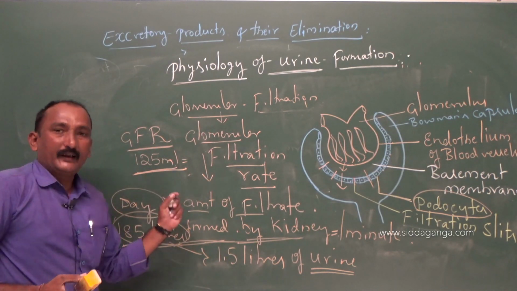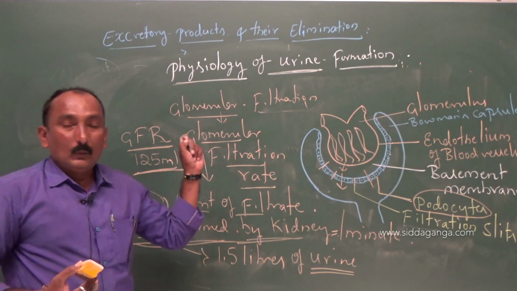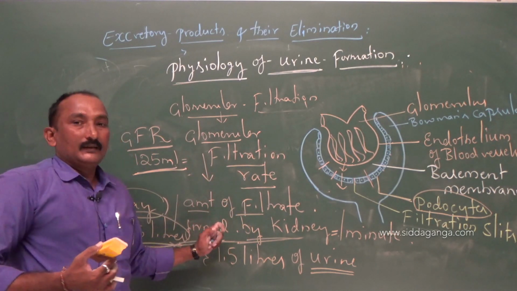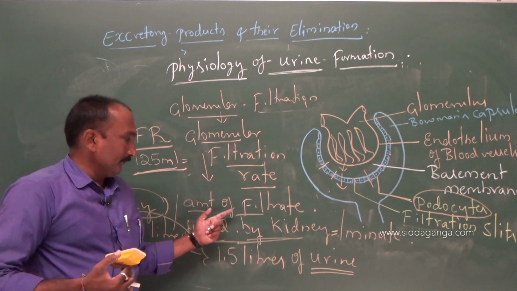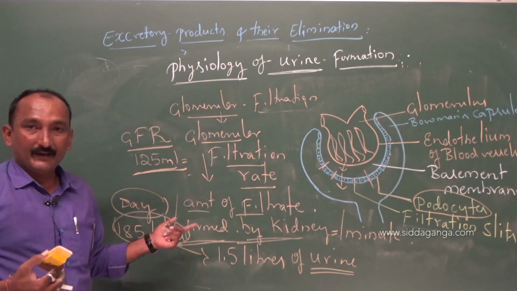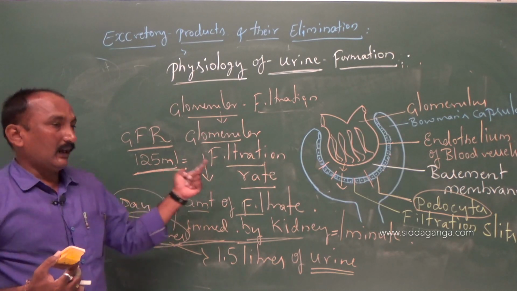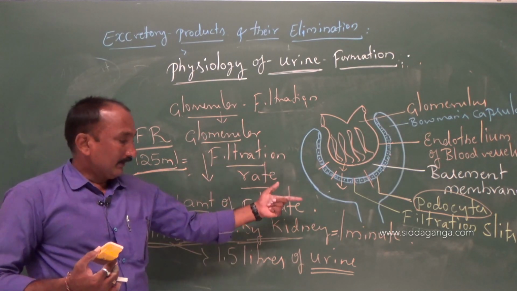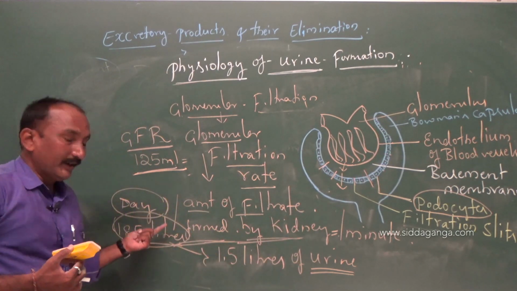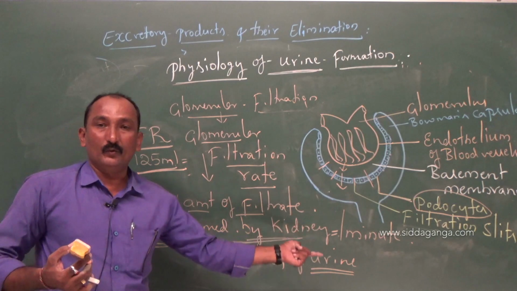So in a normal healthy person, the glomerular filtration rate will be 125 ml per minute. Per day, the kidney can form about 185 liters of filtrate, which is ultimately converted into 1.5 liters of urine.